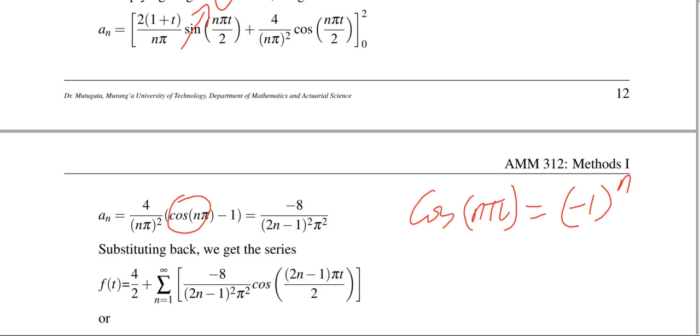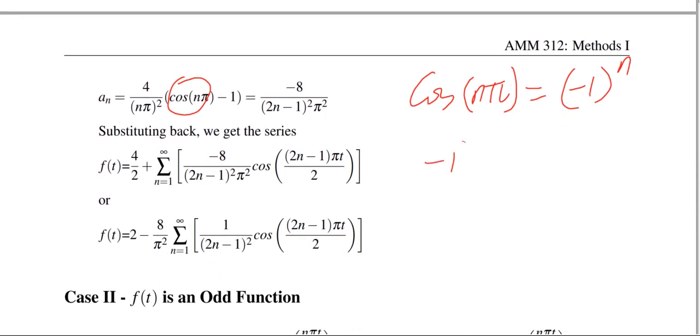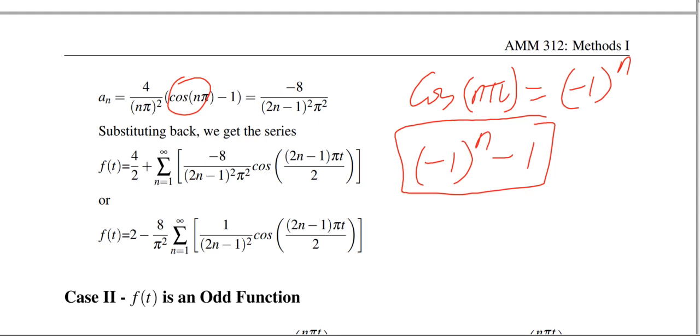So we'll be having the value as minus 1 raised to power n, minus 1. And you see that when evaluating this, there will be two cases, when n is odd and when n is even. When n is odd, minus 1 raised to power n is minus 1, so we subtract 1, we get minus 2.